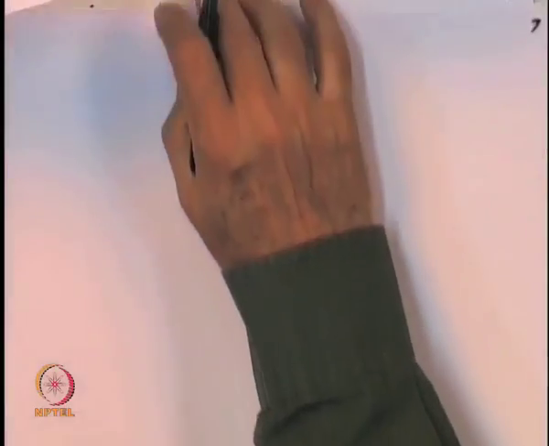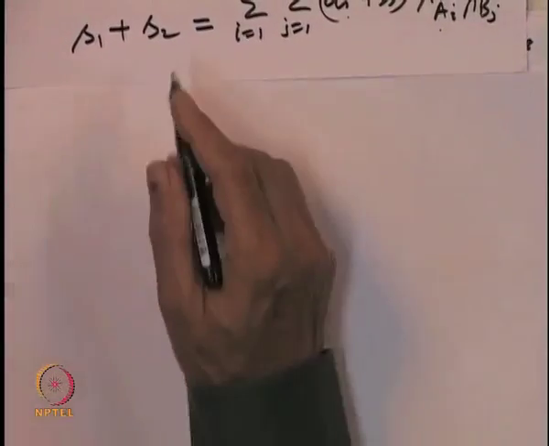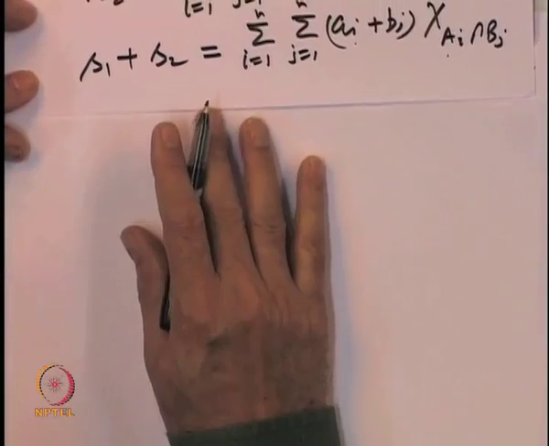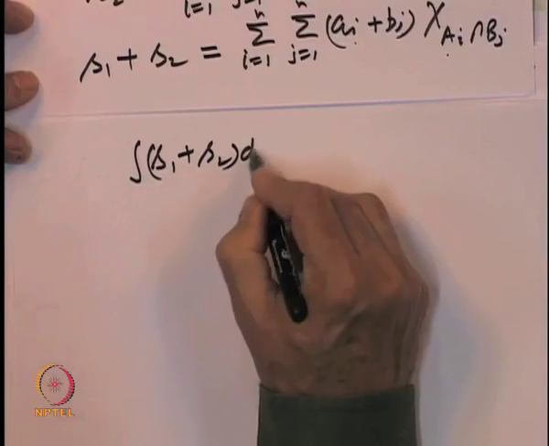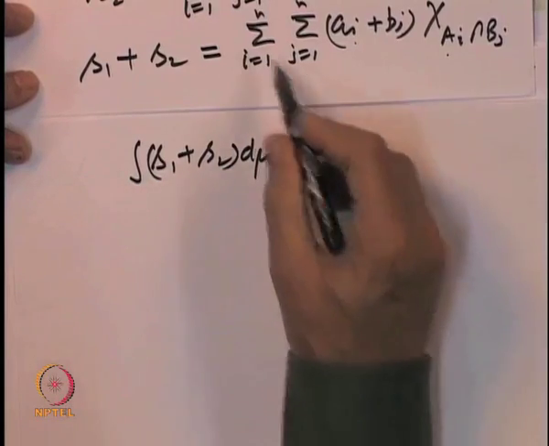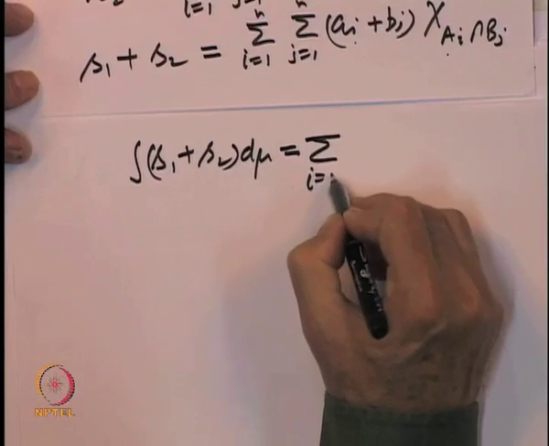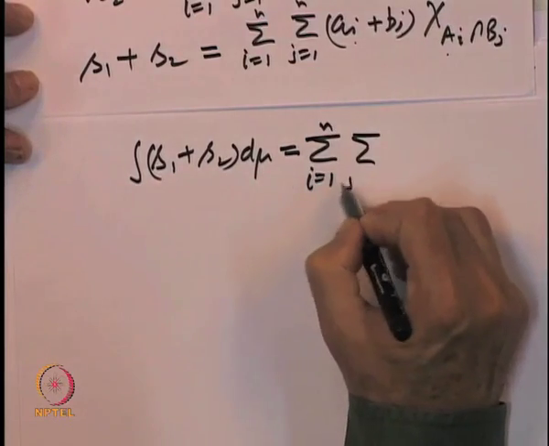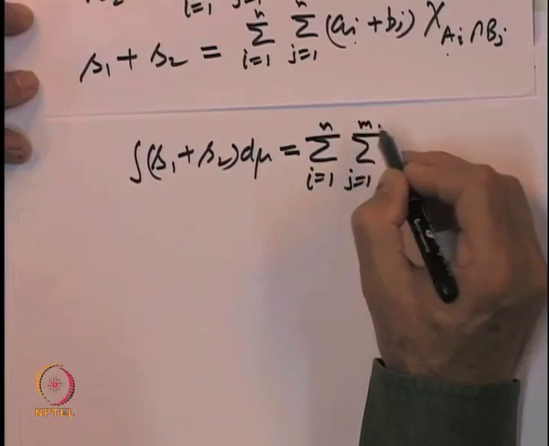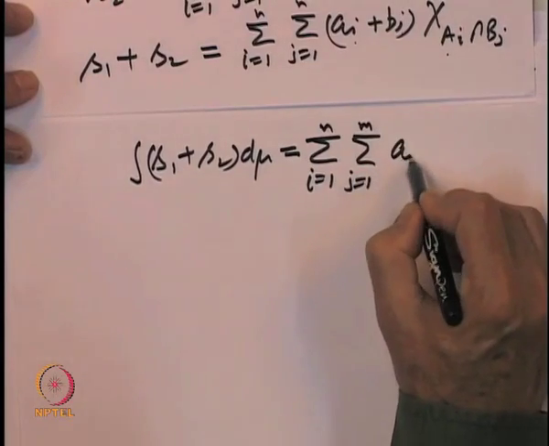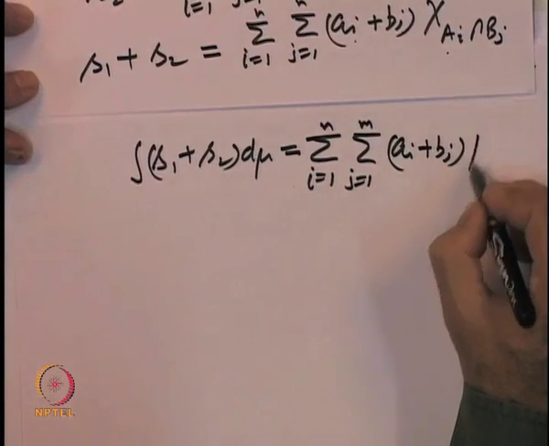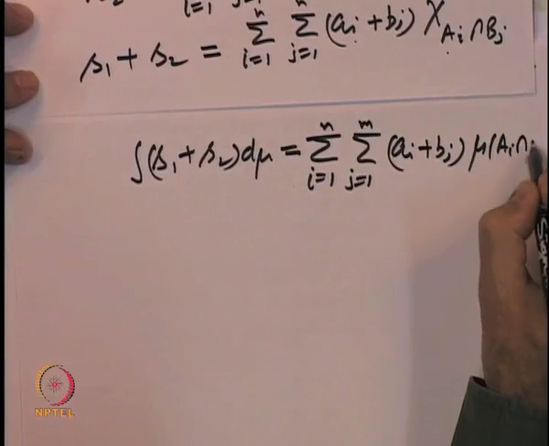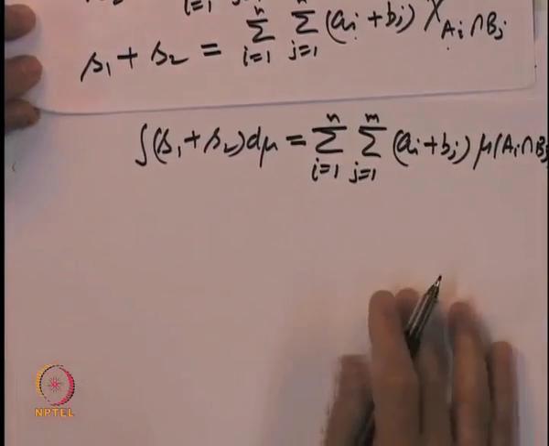So, this representation gives us that the integral of S 1 plus S 2 d mu is equal to summation over I 1 to n summation over j 1 to m of A I plus B j into mu of A I intersection B j, right.